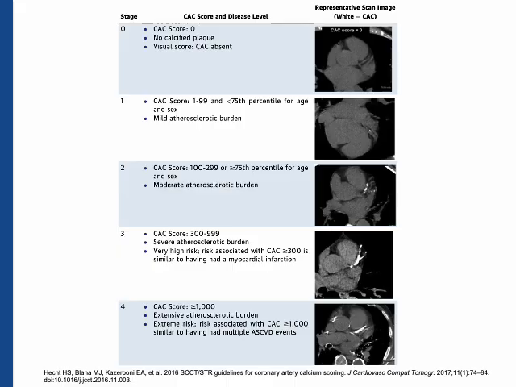Scores in the 300 to 999 range, the image shows dense, well-defined calcified plaques. And when the score is 1,000 or higher, there is extensive calcium throughout the coronary arteries, clearly visible in multiple locations. And the Agatston score is calculated using a computer, so an individual person does not have to sit there and measure each of these areas.